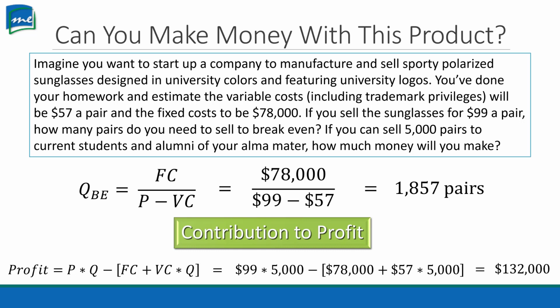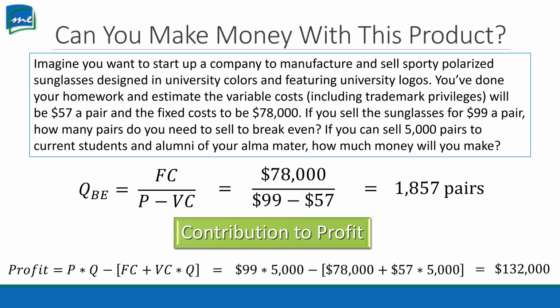Once that's all said and done, that's $132,000. So if we produce 5,000 pairs of sunglasses, we've made $132,000 in this example. Not bad, but this is assuming we sell 5,000 pairs.